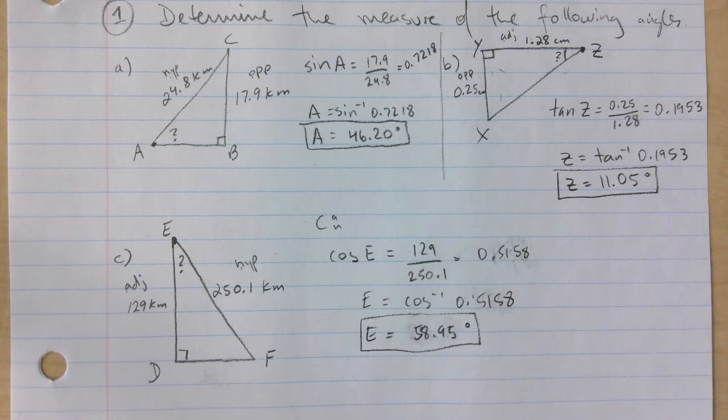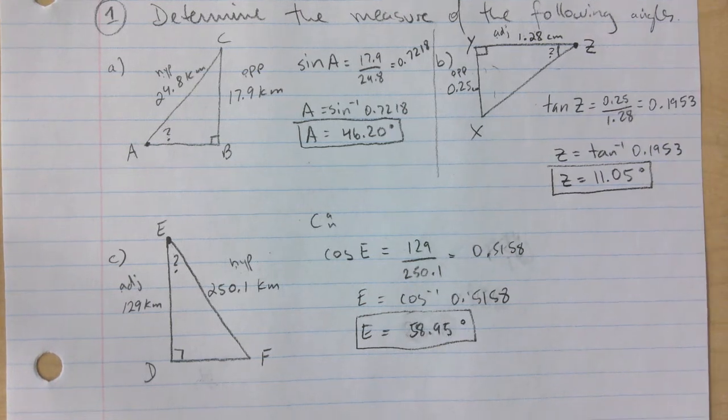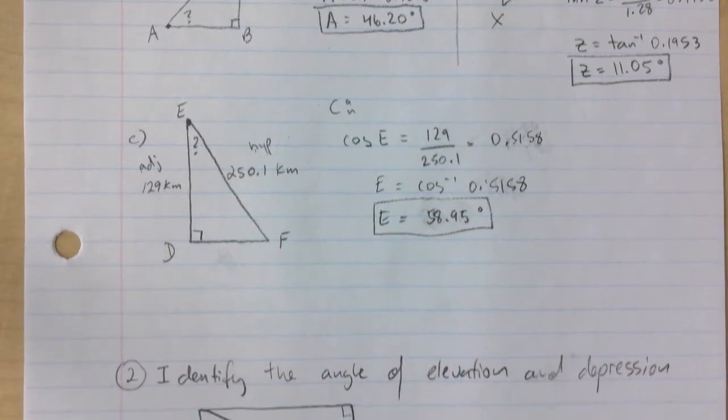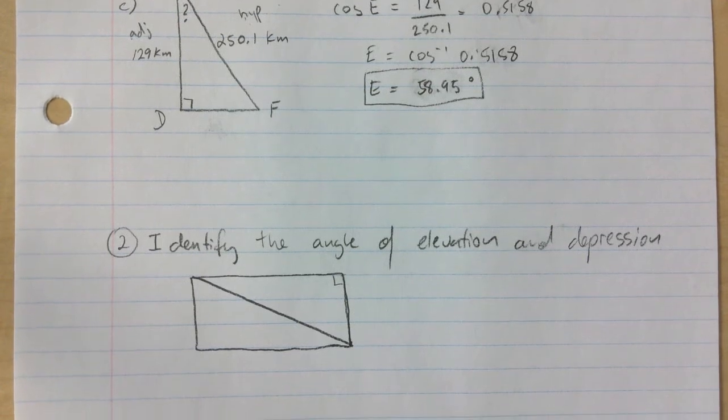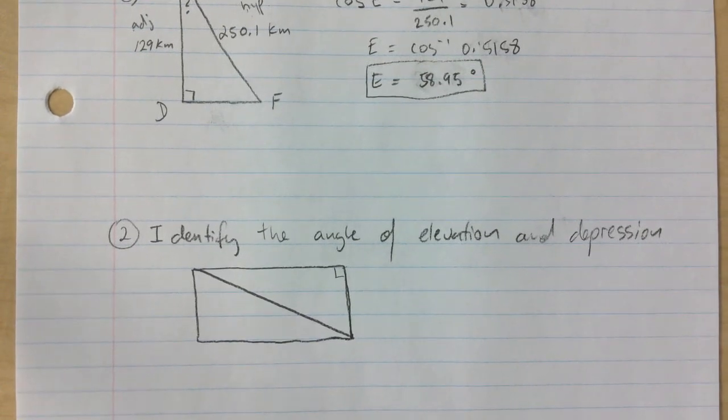Okay, so we go on to the next part. Identify the angle of elevation and depression. So I want you to put an arrow pointing towards the angle of elevation.